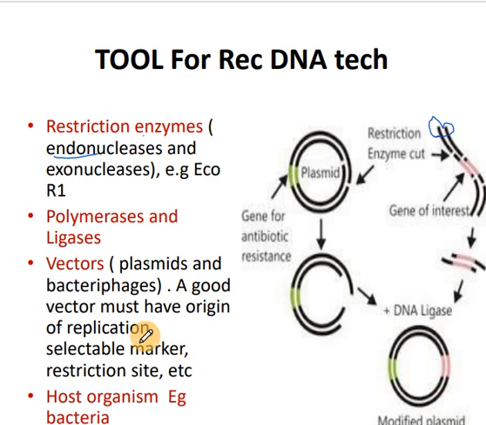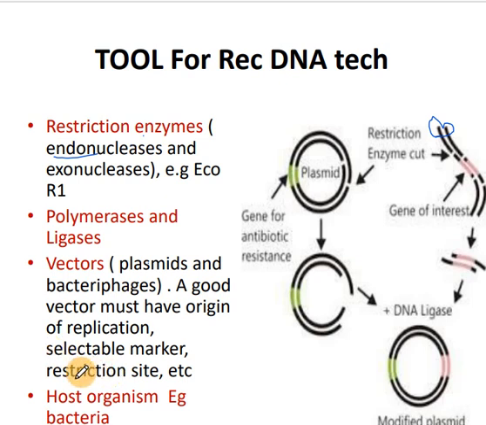Basically, this is an antibiotic resistance gene that is used to isolate the bacteria that picked up our vector from those that didn't pick up our vector. You will understand this better when we go through the procedure for recombinant DNA technology.